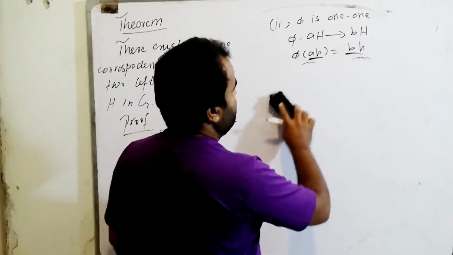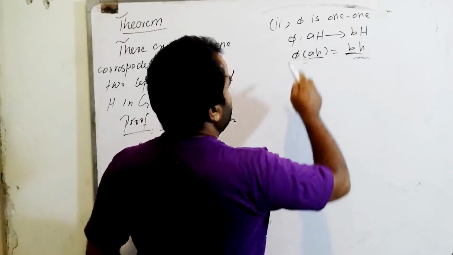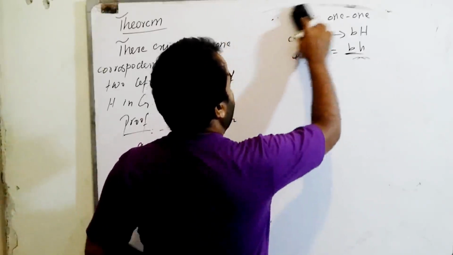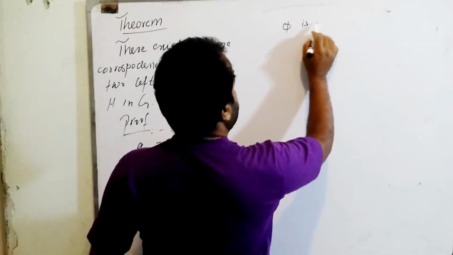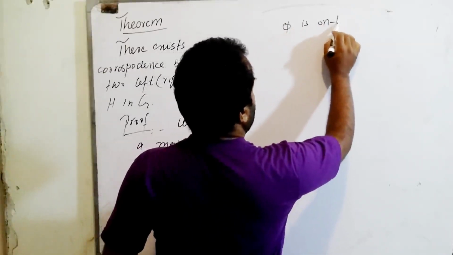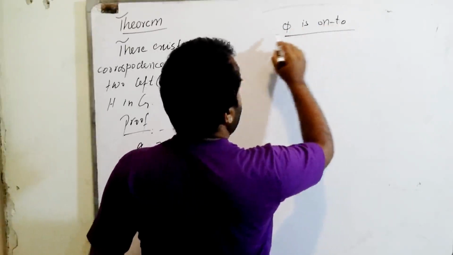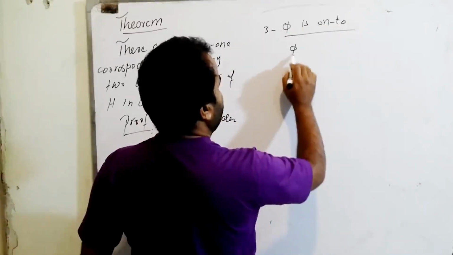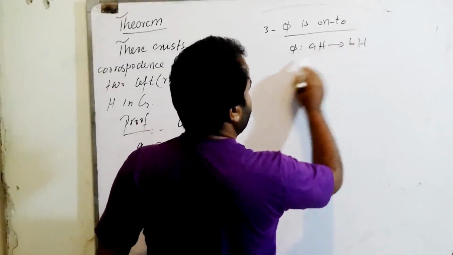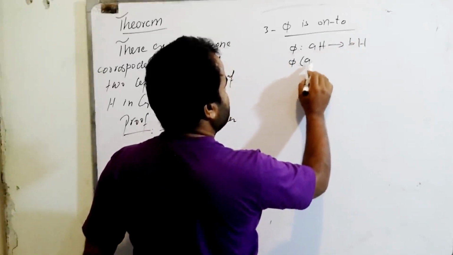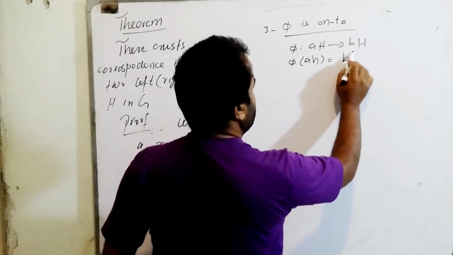In order to prove that phi is onto, the function is from AH to BH, and we defined it as phi of AH is equal to BH.